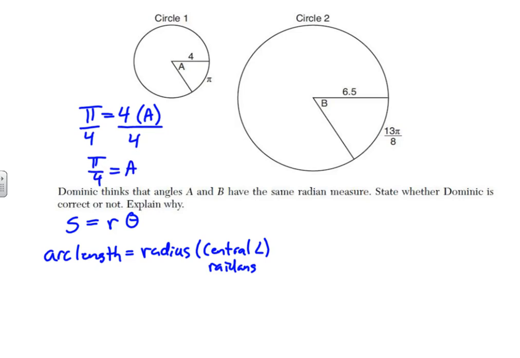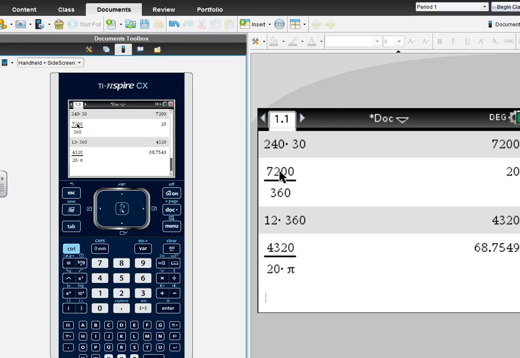Now over here, our S is 13 pi over 8 equals 6.5 times B. So we've got to divide that by 6.5. All right, so let's see what happens when we divide 13 pi over 8 by 6.5.